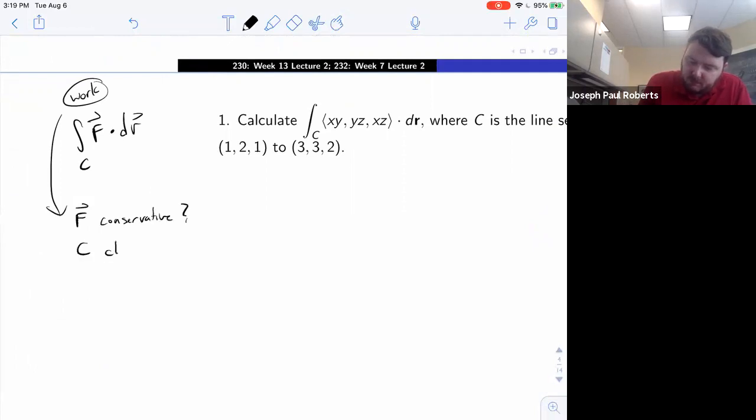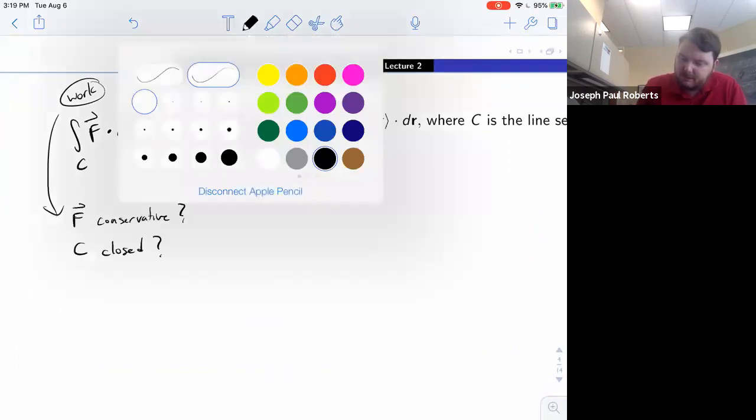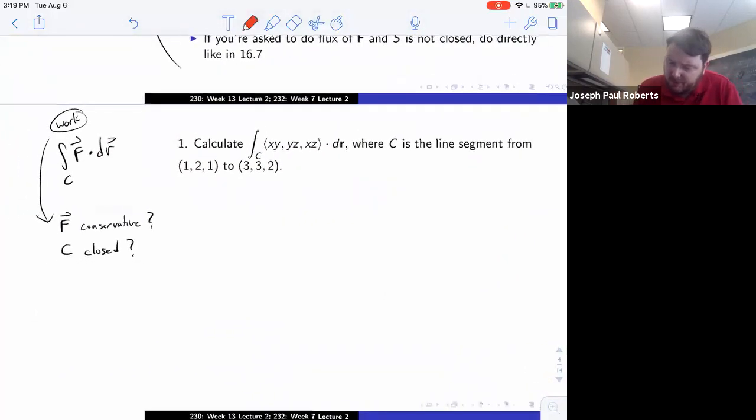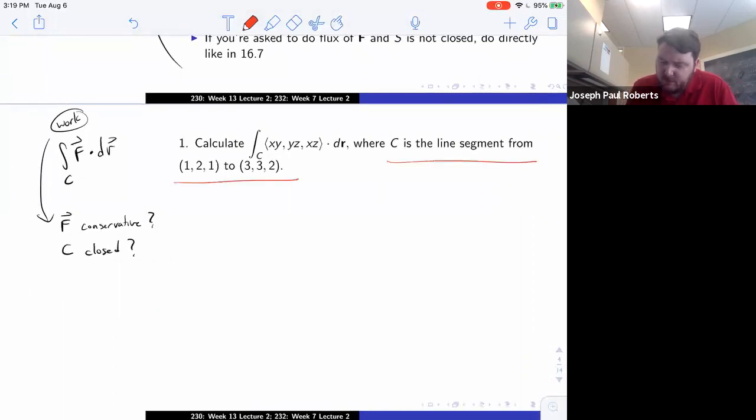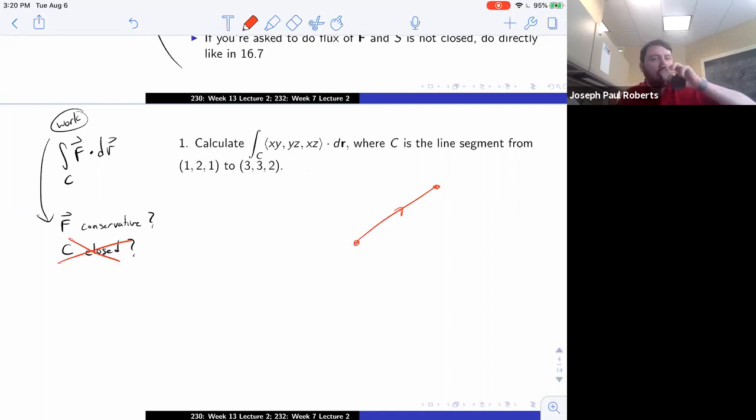Is C closed? Well, let's figure out about the curve first. C is a line segment from some point to some other point. That does not sound like a curve that's going to do something and somehow end up back where it starts, right? It just says a line segment. So no, this curve is not closed.